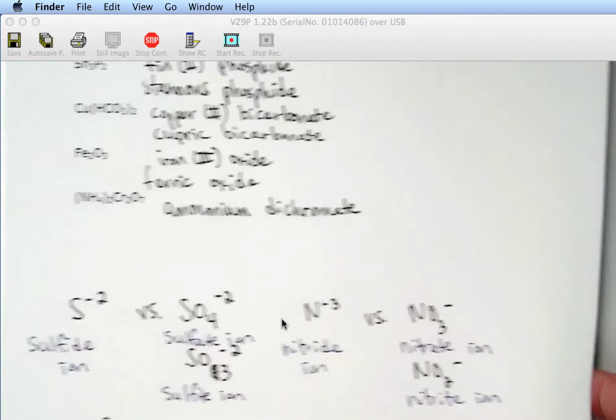I'm good at memorizing stuff, but when it starts throwing numbers in like this with charges, that's a nightmare. Do you know of any study resources, like YouTube videos, where there's a way to break that down so you can remember the numbers? I had students make up songs about polyatomic ions.